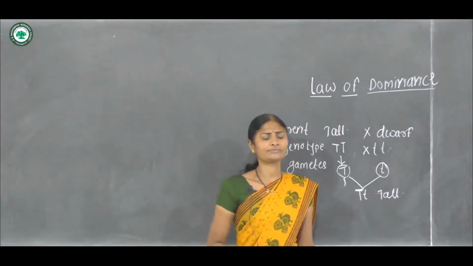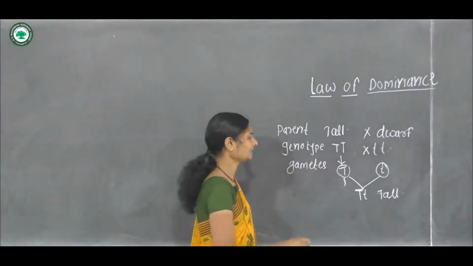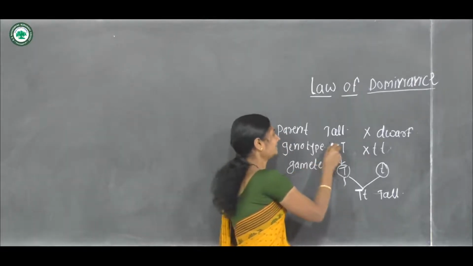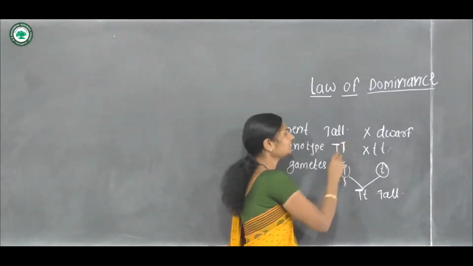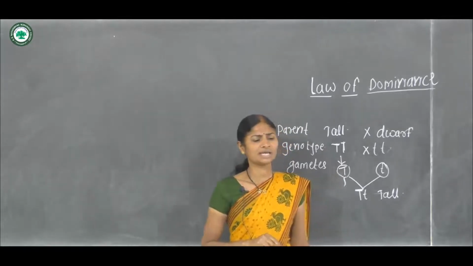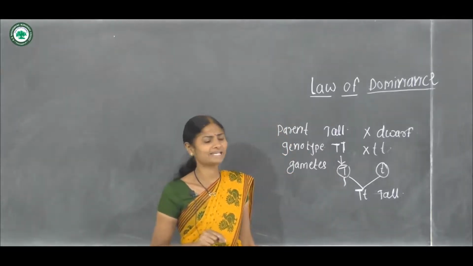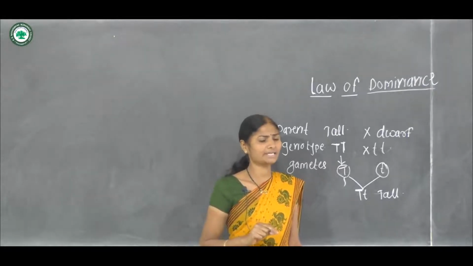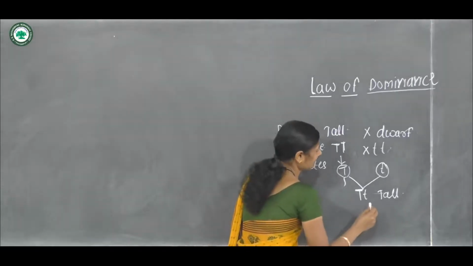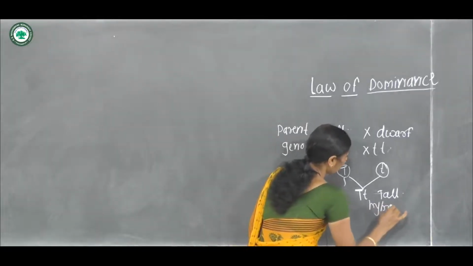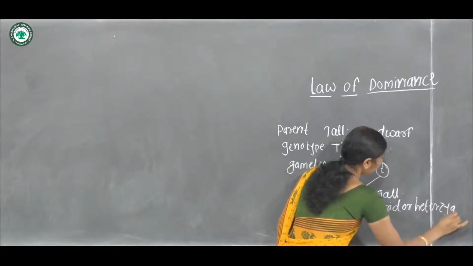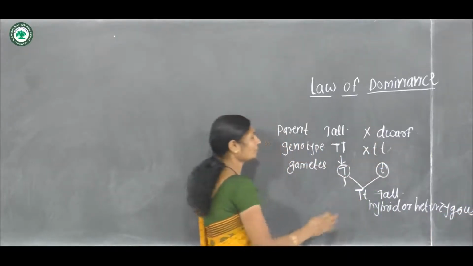The genotype of F1 tall plants is capital T small t, while the parent tall genotype is capital T capital T. Thus F1 plants contain both allelic factors, capital T and small t. Hence it is called a hybrid or heterozygous, because two genes are present in the F1 offspring.